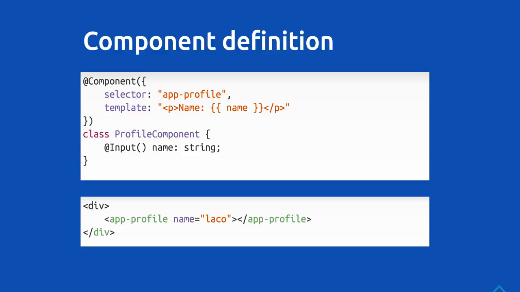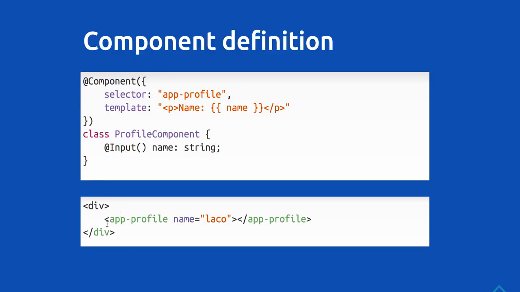Here we will be rendering this component with this app-profile tag, and we are passing some data. With the help of the Input annotation, these are the metadata decorators which we are using with the help of TypeScript, I'm able to capture the value of name in this child component.